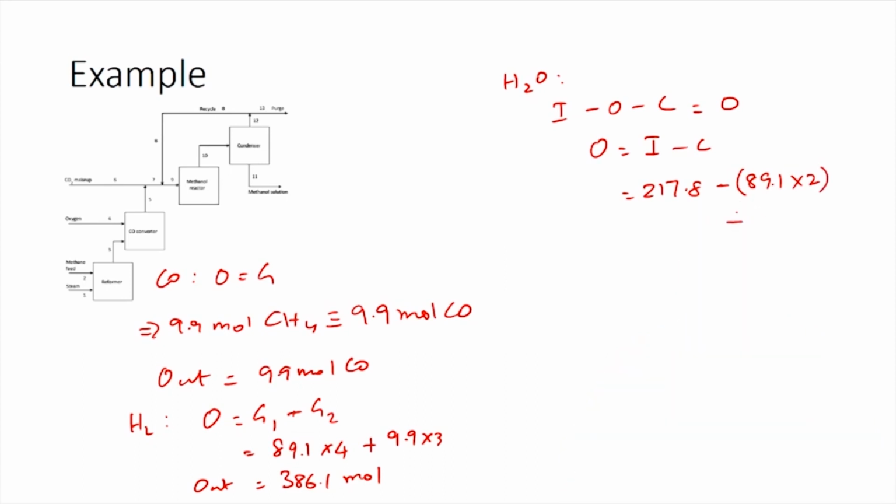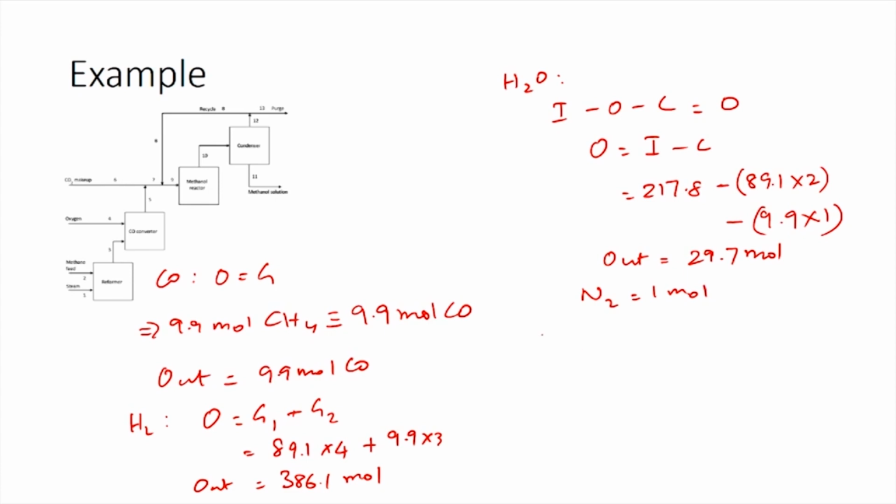Similarly, for the side reaction, for every mole of carbon monoxide produced, 1 mole of water was consumed. So, 9.9 times 1 mole of water was consumed. So, output for water was 29.7 moles.